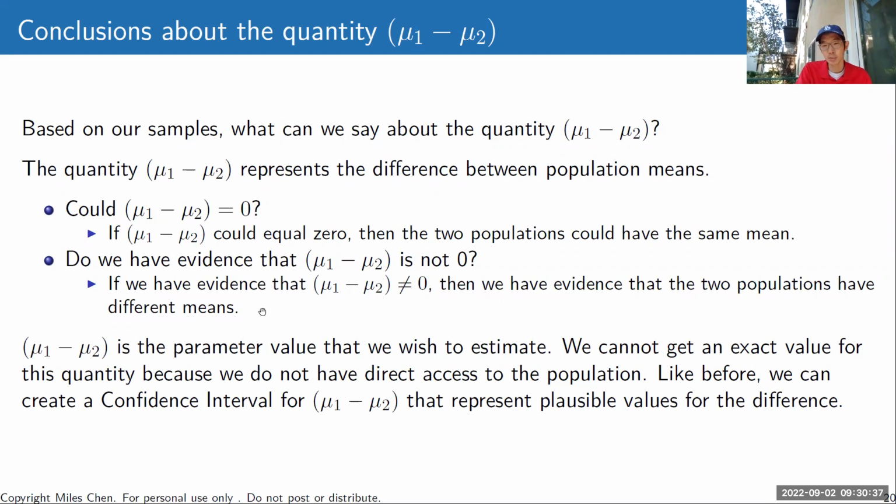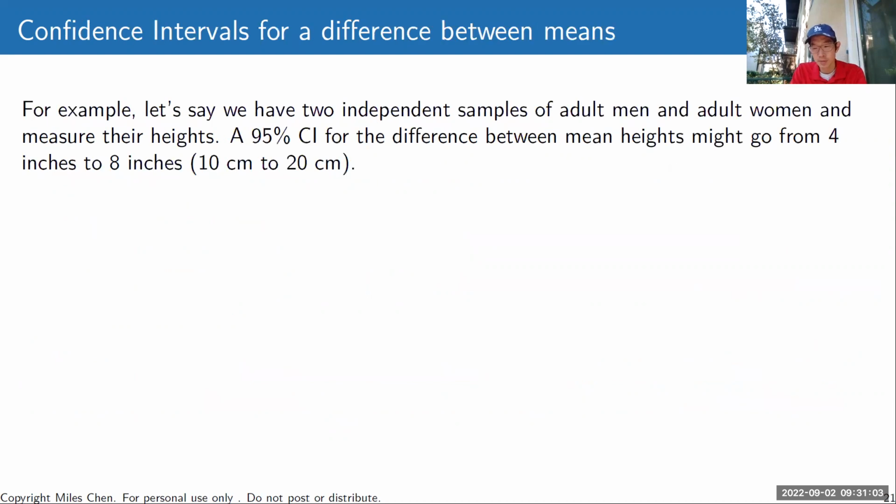Again, we're not able to get this exact value of mu1 minus mu2 because we can't see the populations directly. So we're going to create a confidence interval, and we're going to use the difference between our two samples, X bar 1 minus X bar 2. That's going to represent our starting difference. And then we want to see, is there a difference there?